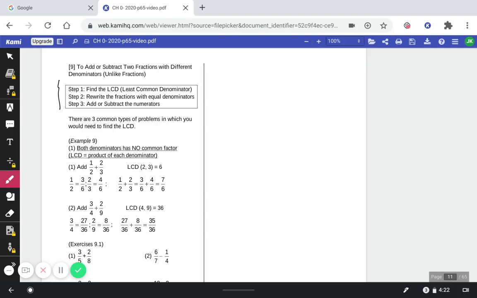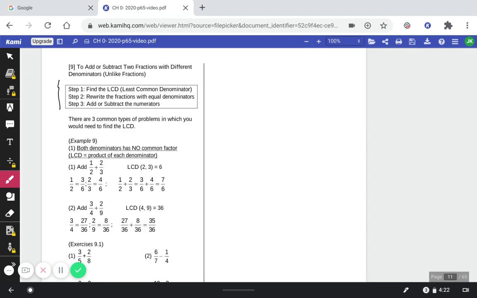So there are 3 common types of problems in which you would need to find the LCD. Example number 1, both denominators have no common factors. Then you multiply the denominators to find the LCD.